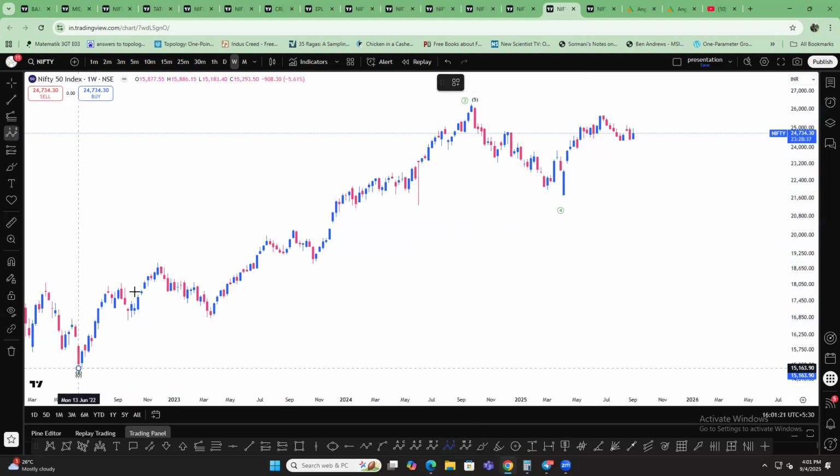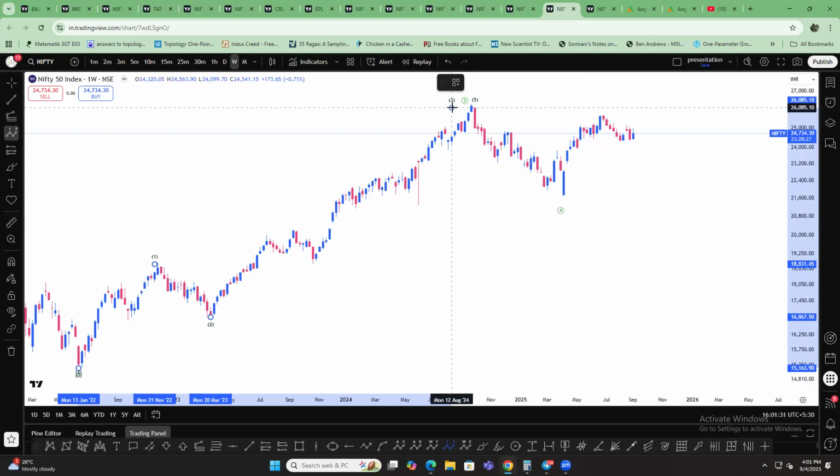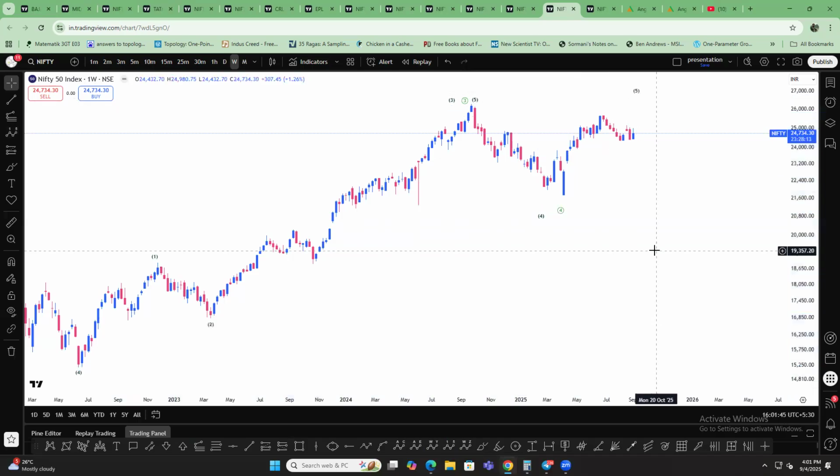So this is C, this is 1, this is 2, this is 1, 2, 3, 4, and 5. This is 3, right? So 4 is coming, and 1 high with 5 should be followed.